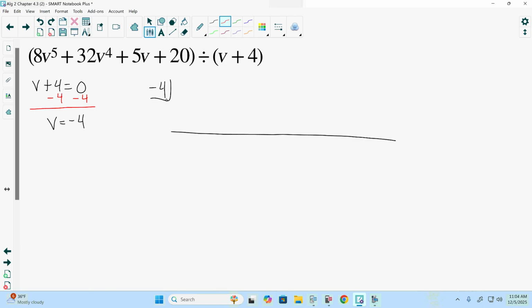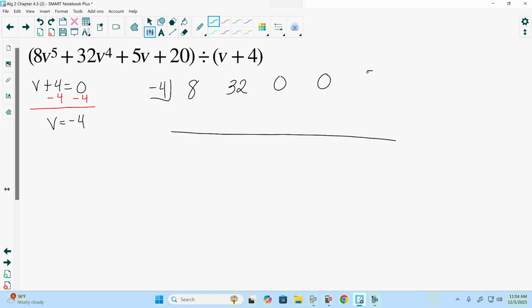The numbers going across the top. We'd have 8 for v to the 5th. That's our variable with the biggest power, yes? Our v to the 4th number is 32. Our v to the 3rd power, we don't have one, so we'd have to fill it in as 0. V squared is also 0.